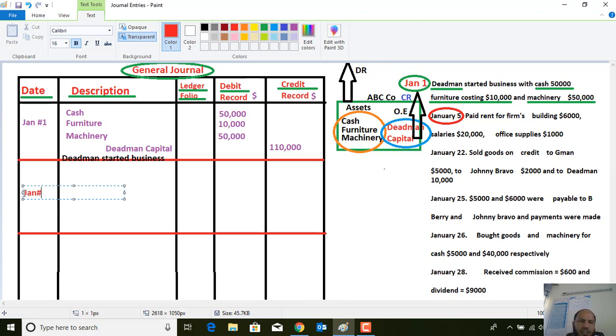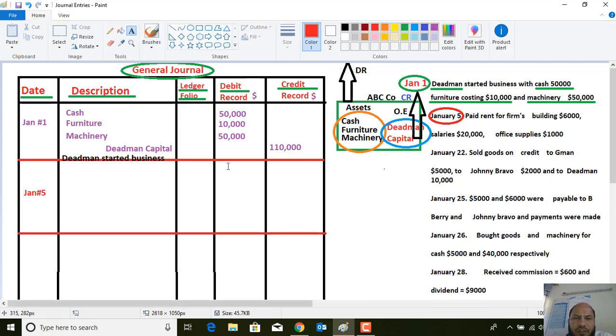So this is the date, and it is January 5. If you see over here, we have the date in this transaction. We have taken this date, January 5, from this transaction and recorded it at the general journal's first column, which is the date column.